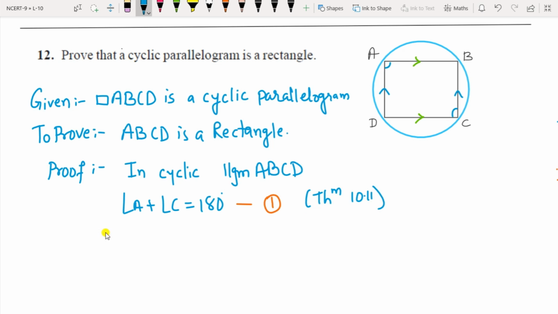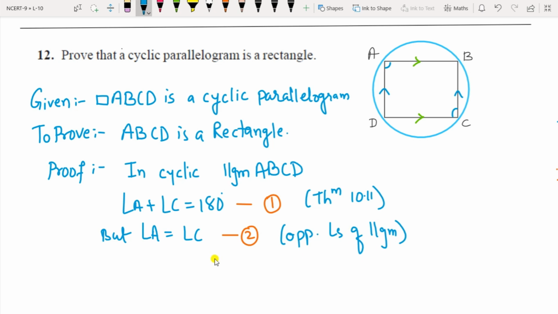But angle A is equal to angle C. That is your equation number 2. Why? The reason is, since it is a parallelogram, these are opposite angles of a parallelogram, therefore they are equal. So from 1 and 2, in place of A or C we can write both the same.